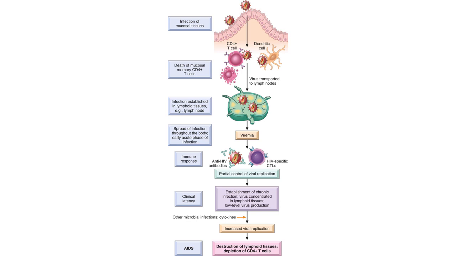So there is sexual contact. Let's just recap. There is sexual contact, there is infection of the mucosa, and then there is transmission to the lymph nodes, and there is continuous replication of the HIV, and it goes into the blood, causing viremia.